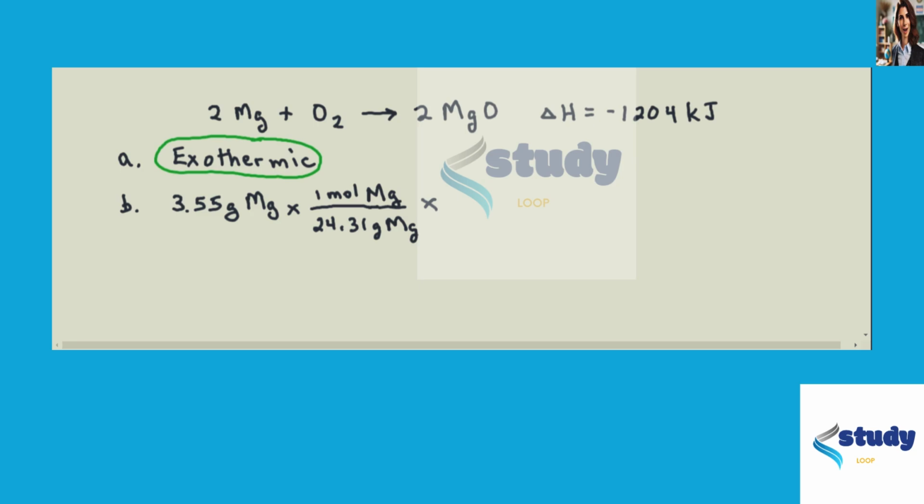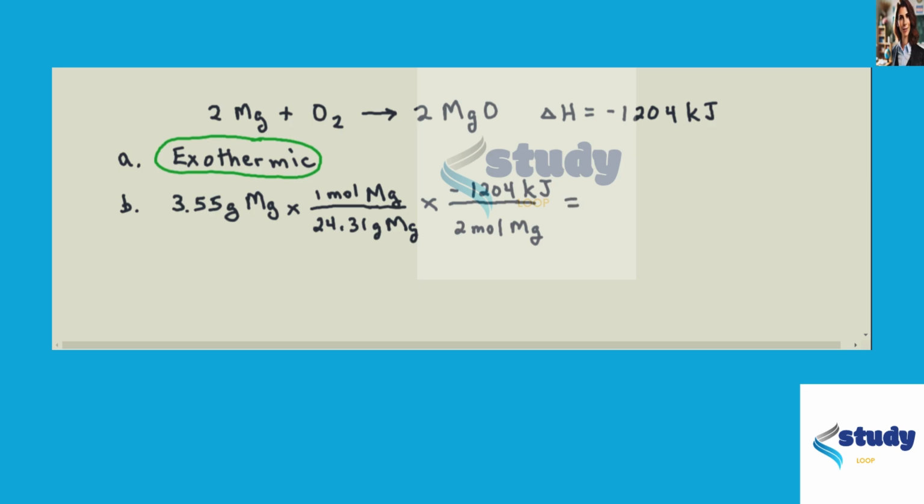And then, again, treating this like a stoichiometry problem, the enthalpy change is the enthalpy change that we get for 2 moles of magnesium, because the balanced equation is showing us that. If we start with 2 moles of magnesium, we get the enthalpy change of negative 1,204 kilojoules.